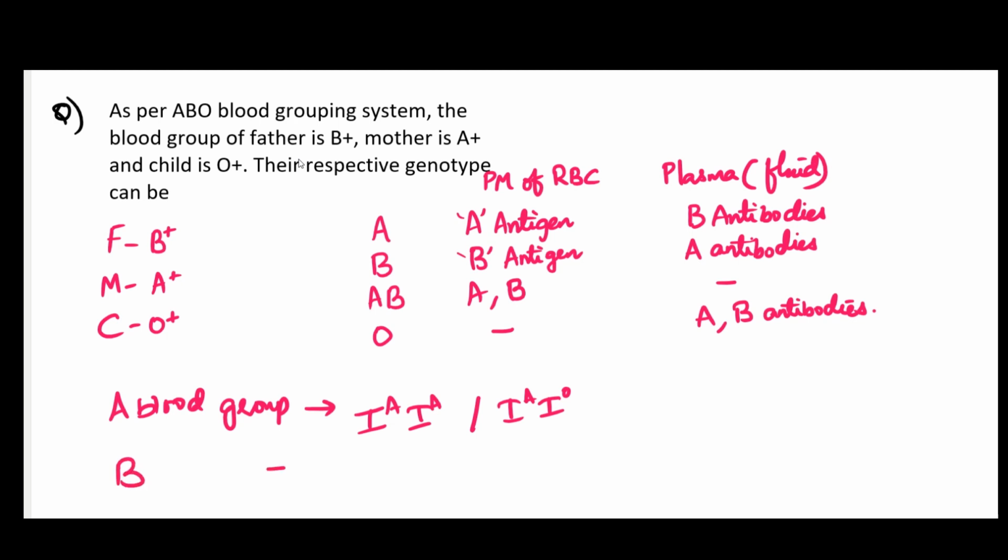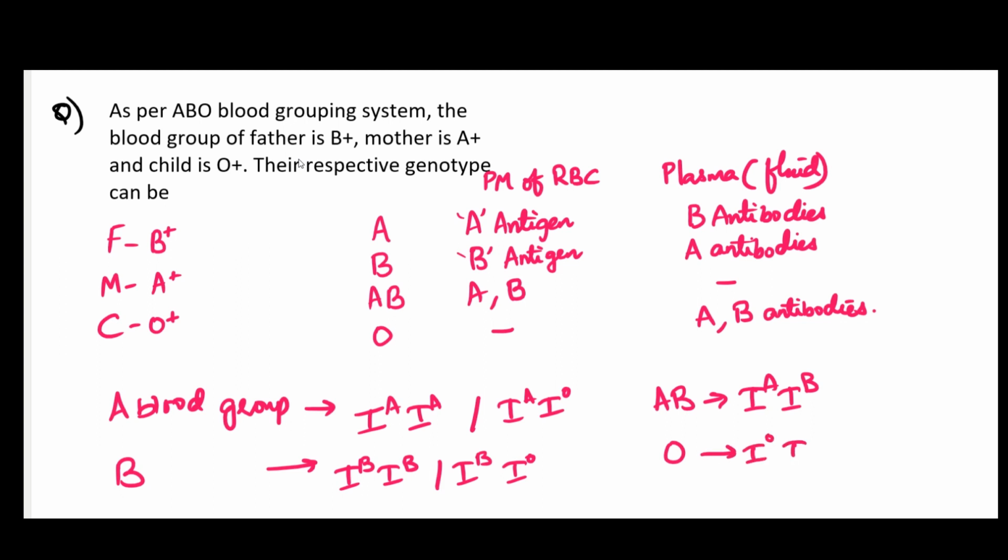For B blood group type, a person can be IBIB or IBIO. A person with AB blood group has only one genotype, that is IAIB. A person with O blood group also has only one genotype, IOIO.